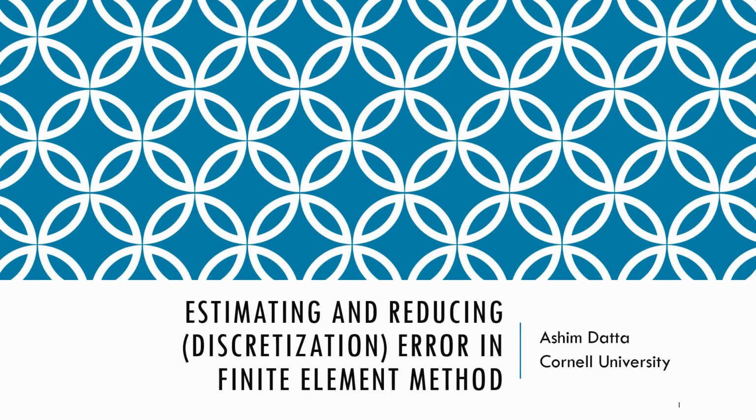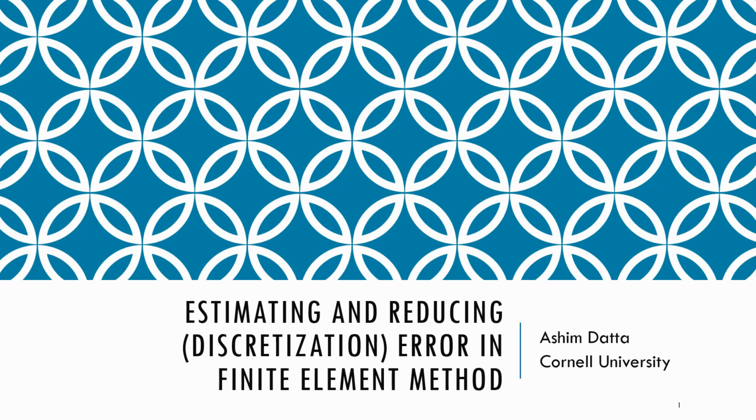So like other sections though, here is a quick introduction to how we estimate and reduce error in finite element method. It is intended for an undergraduate course in modeling and more in terms of the applications. So here we do not get into any formal aspect of error analysis.